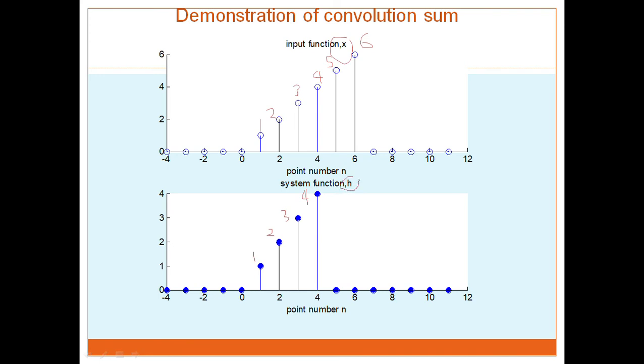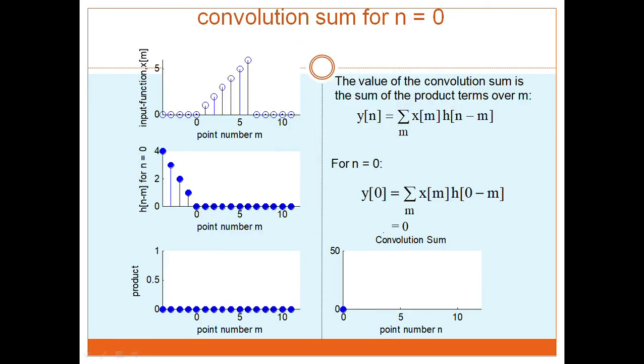Remember the step is we have to rotate the h(t). Now we have rotated the h(t). Just now h(t) was like this, now it becomes like this. Already rotated. The second thing is we have to shift, step by step according to the region.